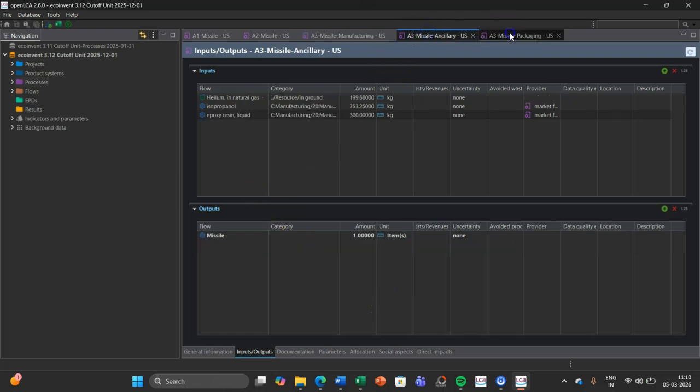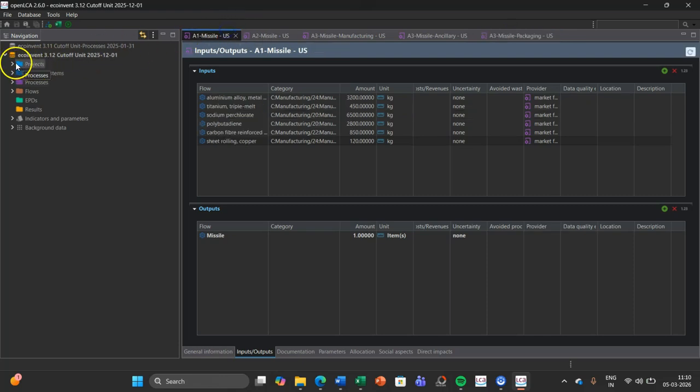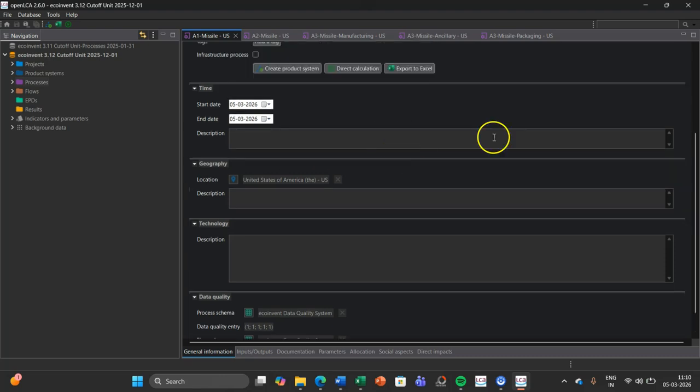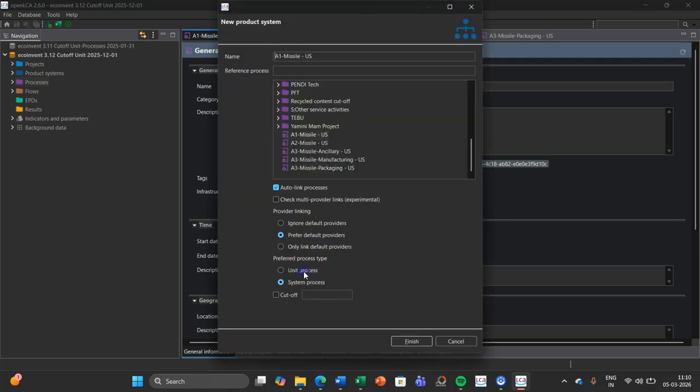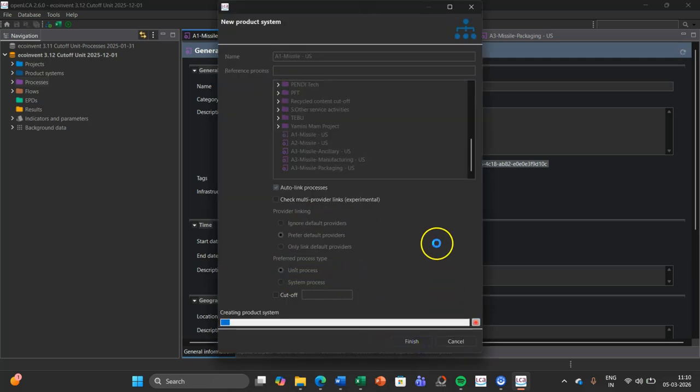So we have created all the stage modules. Now we are about to create a product system, right? So A1 missile. Okay, unit process. Finish it.